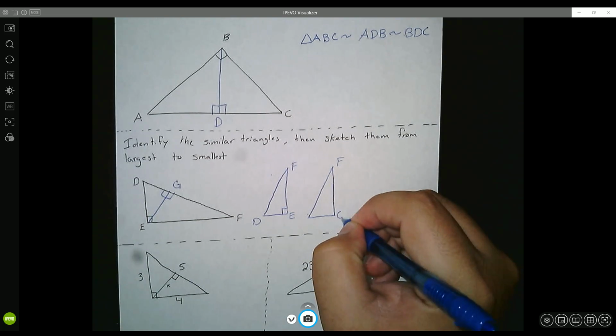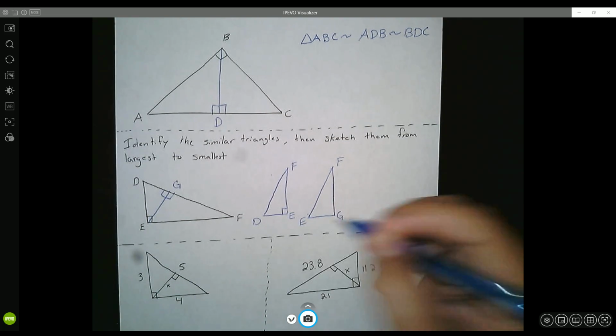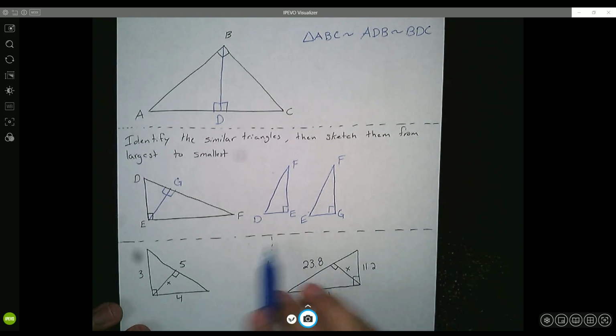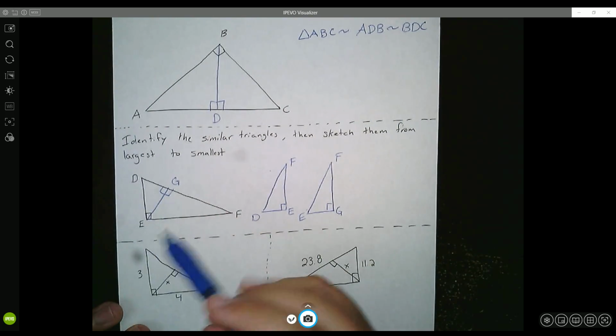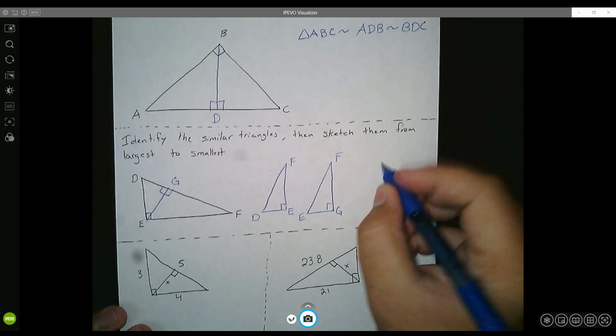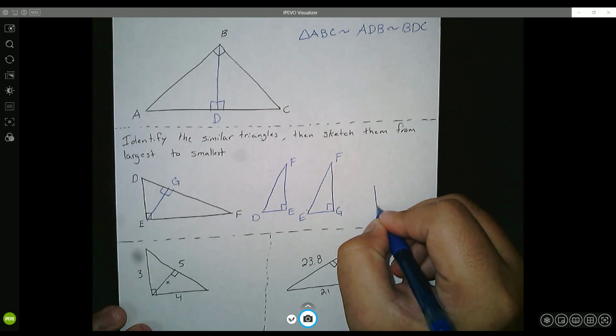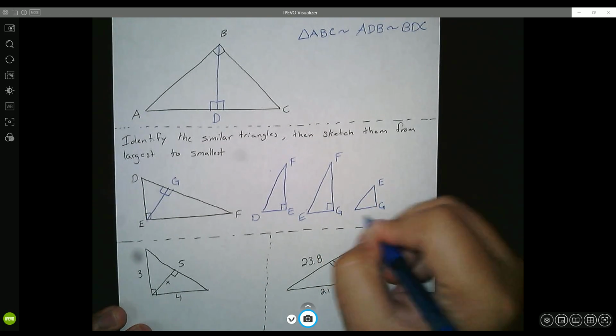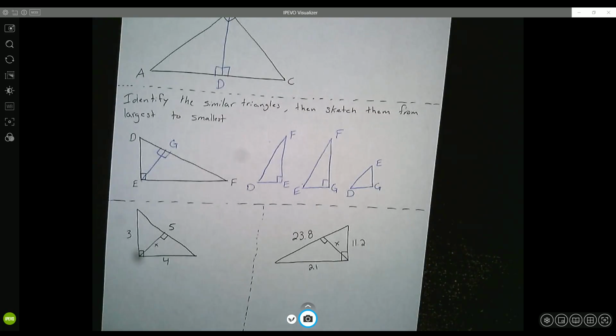And then we'll once again draw our next smallest triangle, which happens to be right here. And remember, this one's going to start at your hypotenuse. It'll start at E. So we'll go E, G, D. Okay, so those are similar triangles.